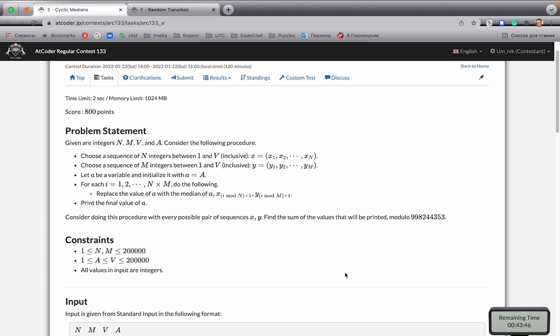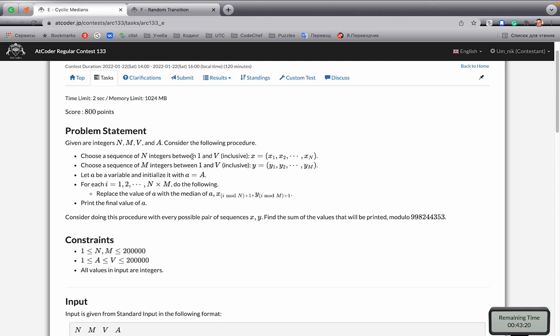Well, when we are working with medians, it's usually a good idea to do kind of a binary search, or split the segment of all possible values in two parts, small and big, and basically replace all small numbers with zeros and all big numbers with ones.